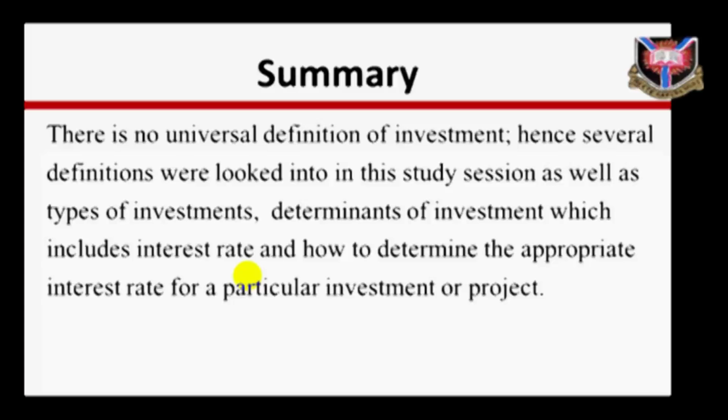The higher the interest rate, the less investors will borrow, and the lower will be investment. Firms usually make use of the internal rate of return or present value of a project to determine the number of projects to carry out. Thus, when the present value of the project is greater than the cost of the project, it is profitable to carry out the project. Otherwise, it is wise to shelve the project.